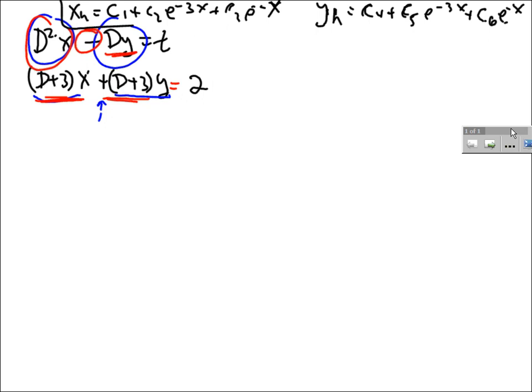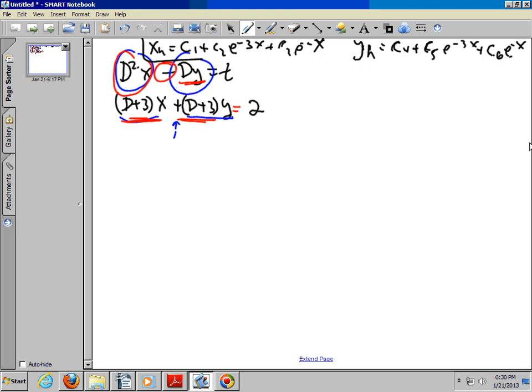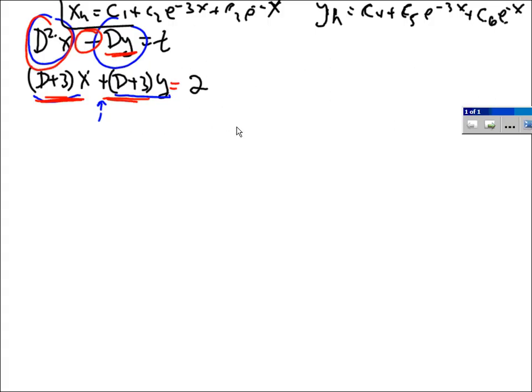Now, what do we know? Okay, so some equations we had earlier, we had that d times d plus 3 times d plus 1 on x was 3t plus 1.